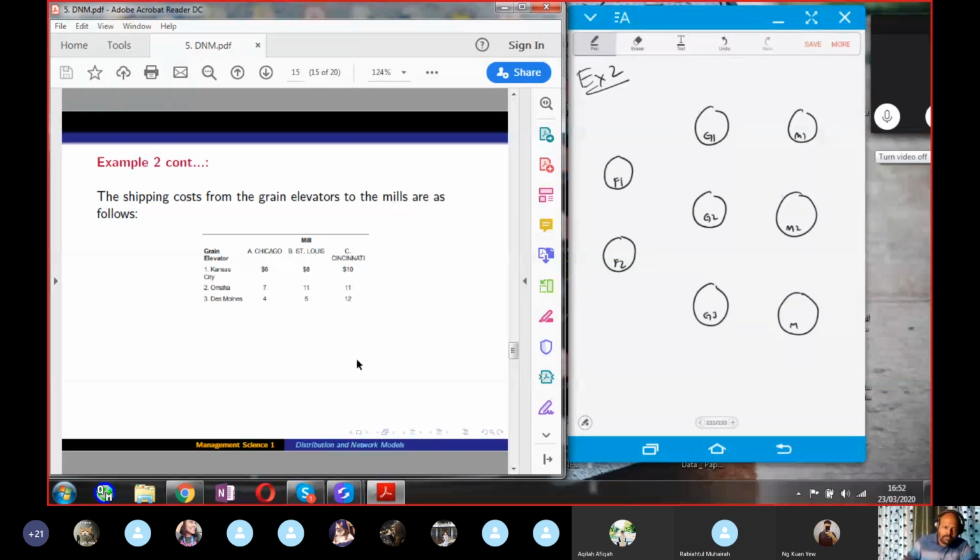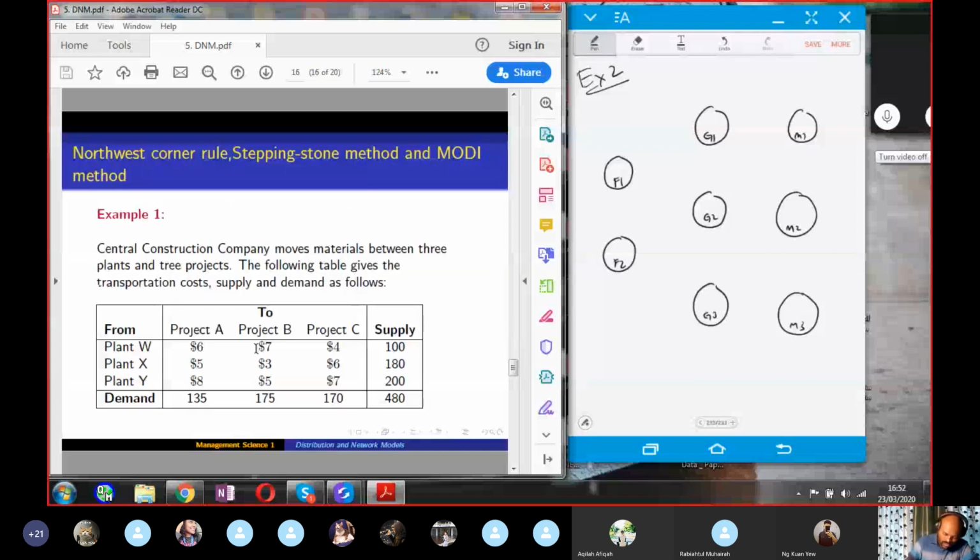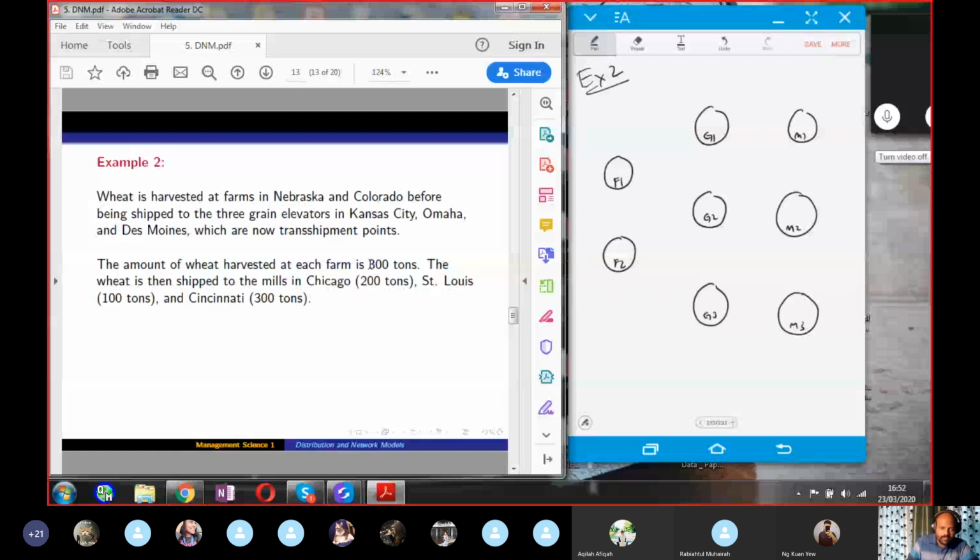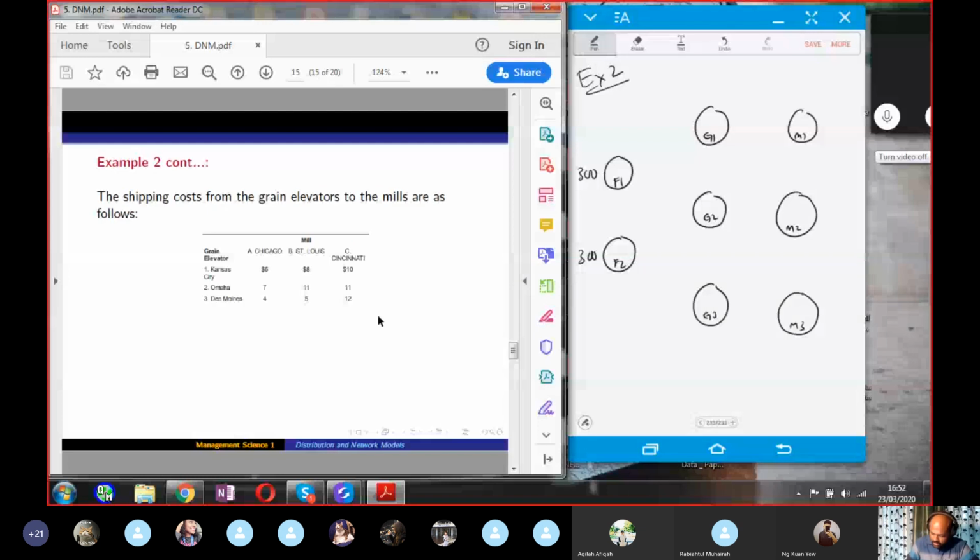The maximum each farm can produce is 300 tons. So you write here 300, 300. What about the customers? The customers can go here, 200, 100, and 300.